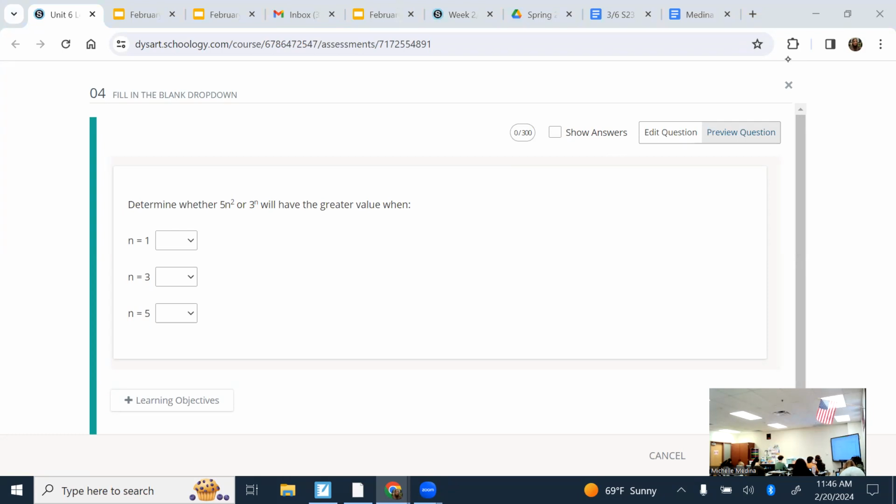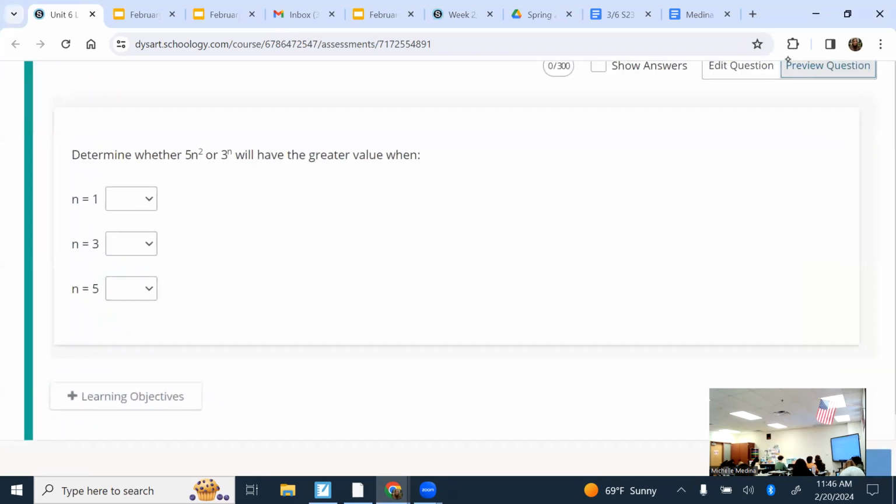Okay, so you had to determine whether 5n squared or 3 to the n will have a greater value when n equals 1, 3, and 5. So what I would suggest to keep it all organized is make a table for both.